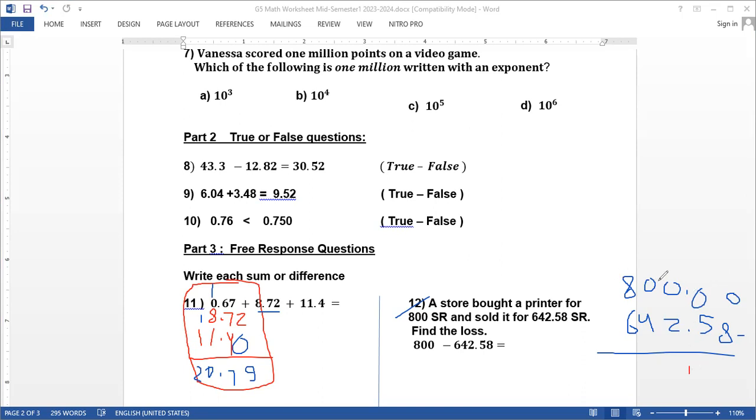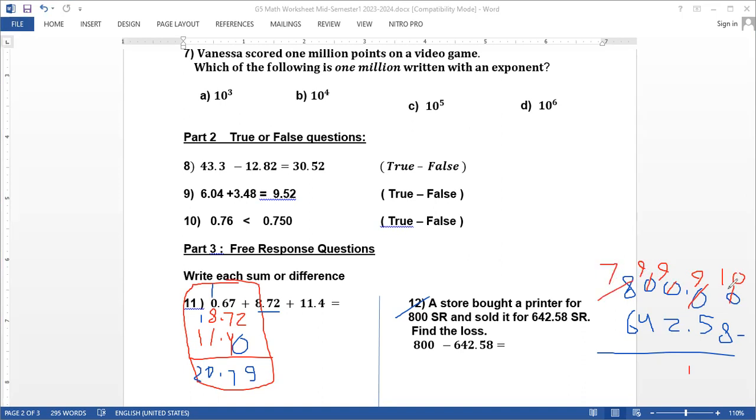Here, can we subtract? When we have many zeros, we make this 10, and we make this 9, and this 9, and this 9, and this 7.